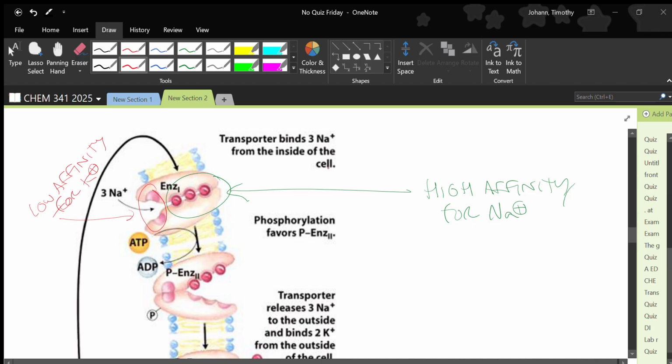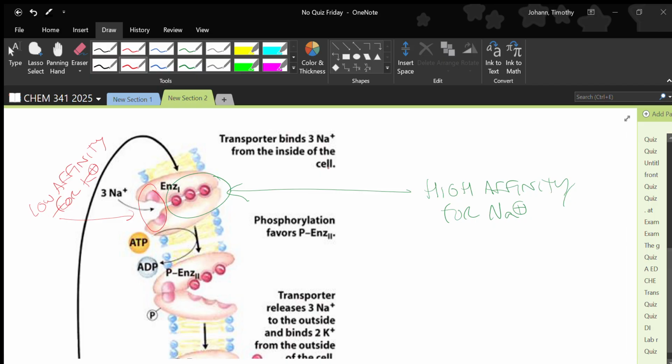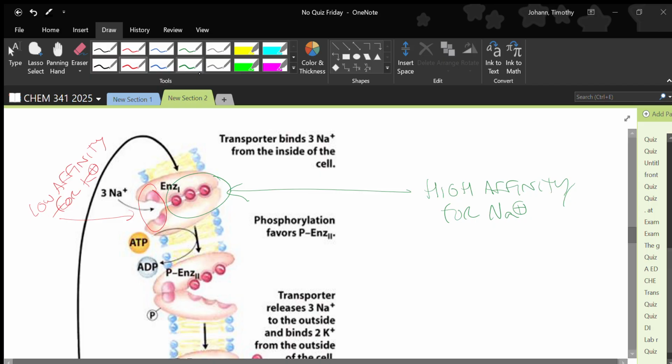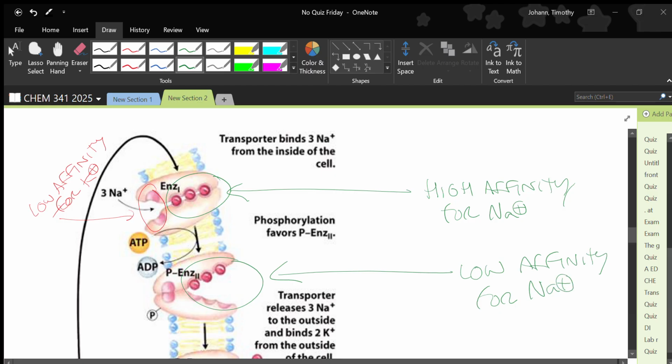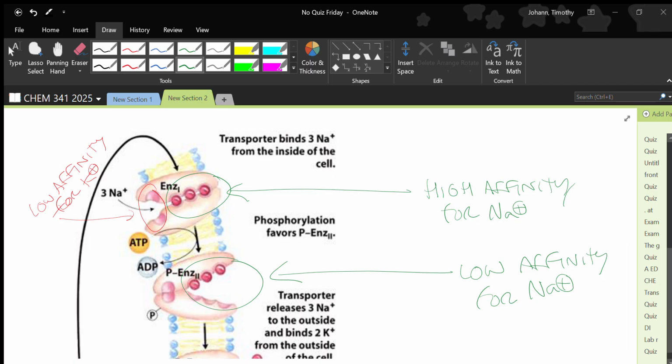And now our transporter is open to the outside. In this conformation, it's going to have a low affinity for sodium. And when we scoot down here, you're going to see the sodiums are going to be released, and the only place they can go is outside because of the way this is open.